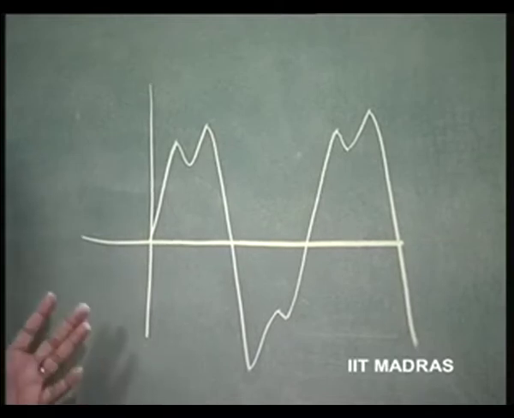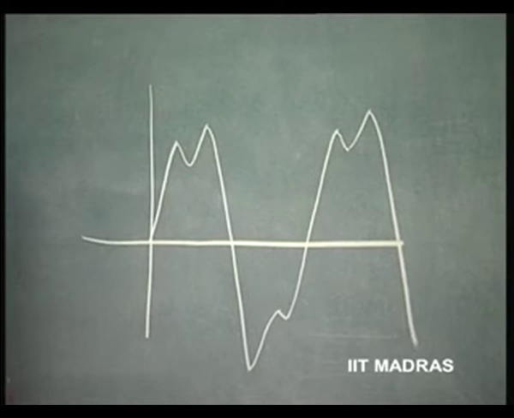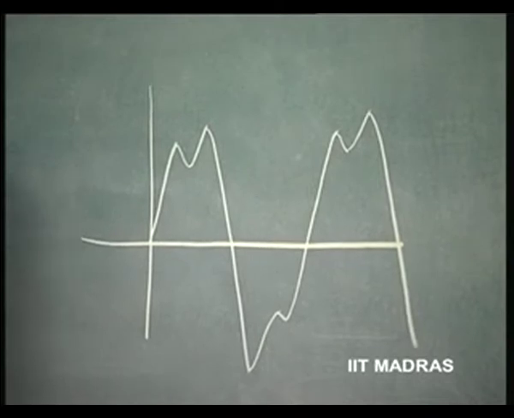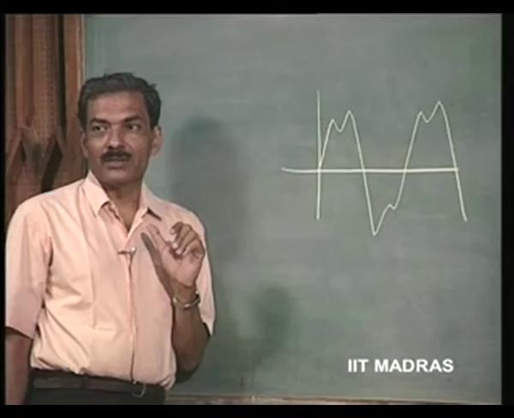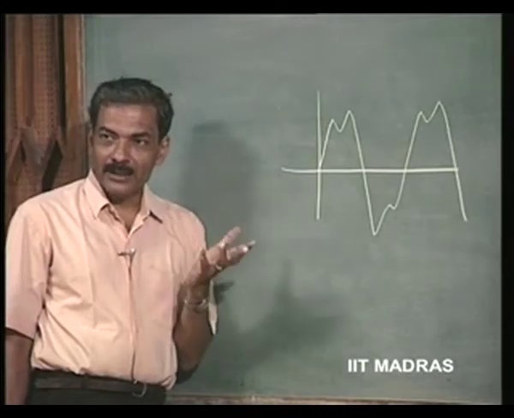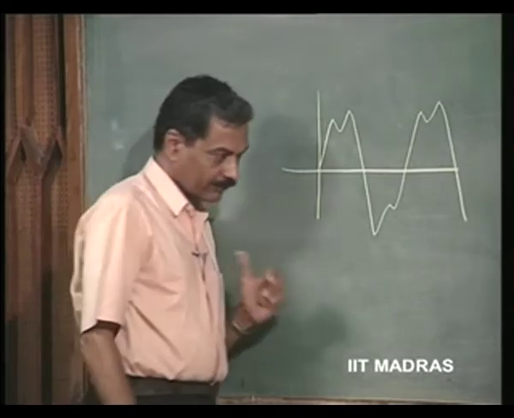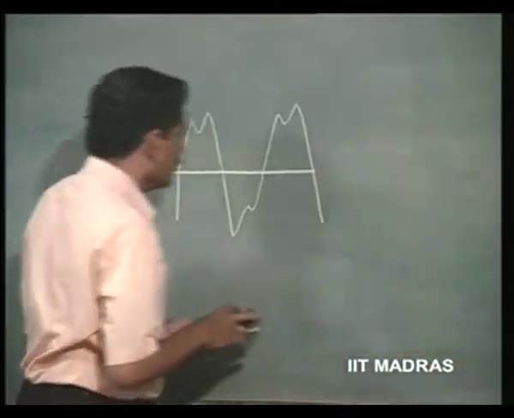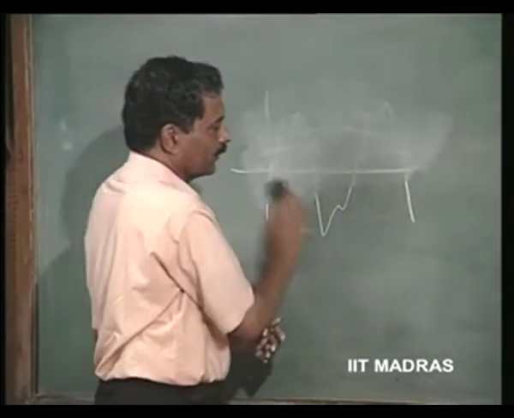So, a test of an amplifier is normally done by using sinusoidal signals. If you know how it behaves for sinusoidal signals, you know how it can behave for a periodic signal. So, all these things you have learnt in your networks course.